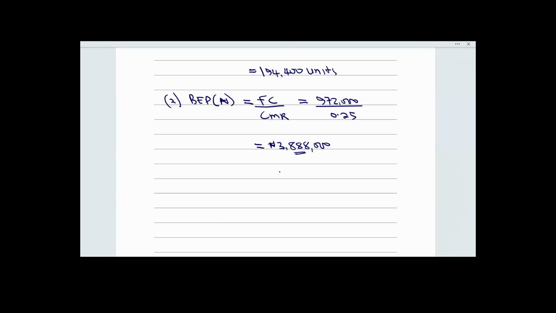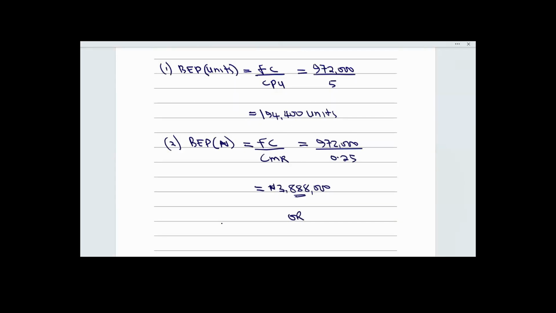Alternatively, because I've calculated break-even points in units, I can then say break-even points in naira is equal to break-even points in units multiplied by selling price. Here will be 194,400 multiplied by selling price of 20 naira.